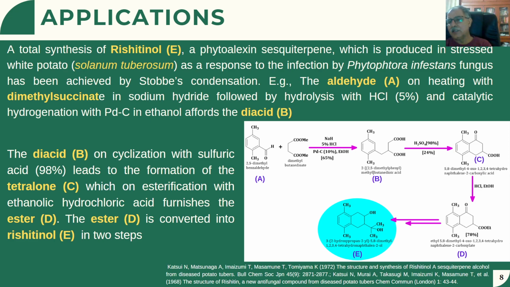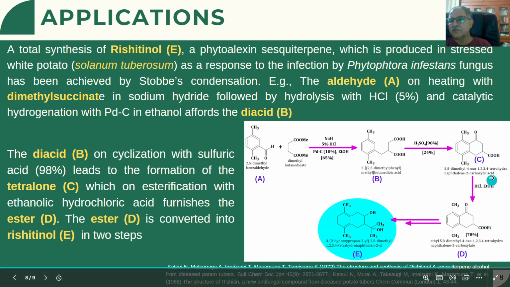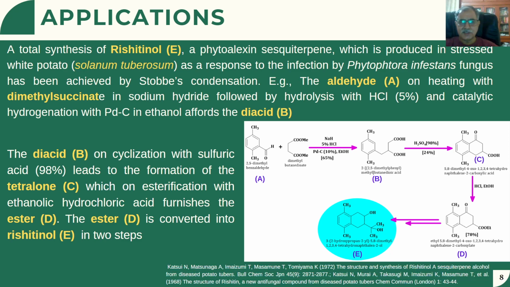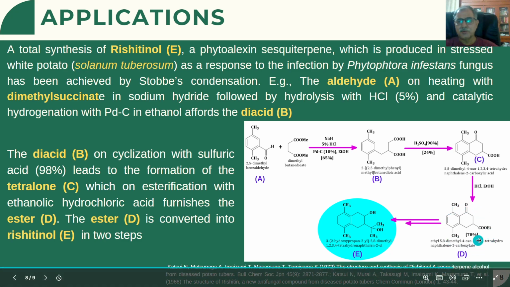And then these tetralone derivatives undergo an esterification reaction in the presence of HCl and ethanol. The corresponding ethyl ester of this carboxylic acid will be formed, and this ester derivative, through different reactions, will be converted into this type of rishitinol, which, as I told you, is a phytoalexin sesquiterpene.